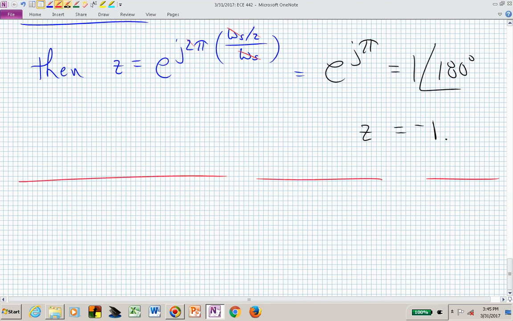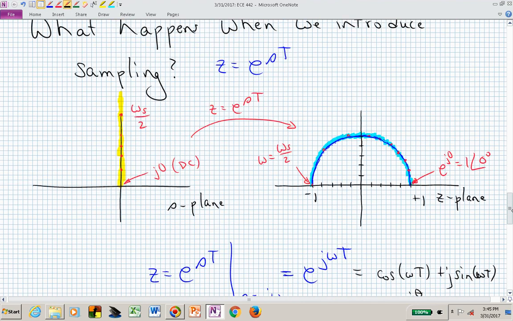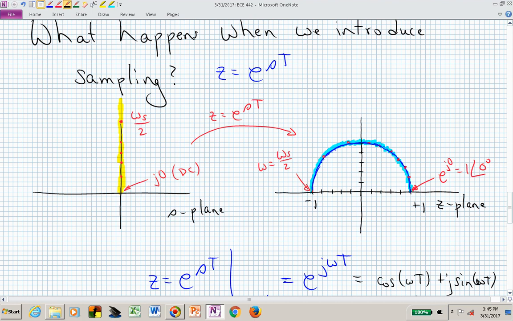We've just shown that the highest frequency that we are really going to be able to see or resolve in the complex plane or in the digital setting is a frequency omega sub s over 2 when we're sampling at omega sub s.